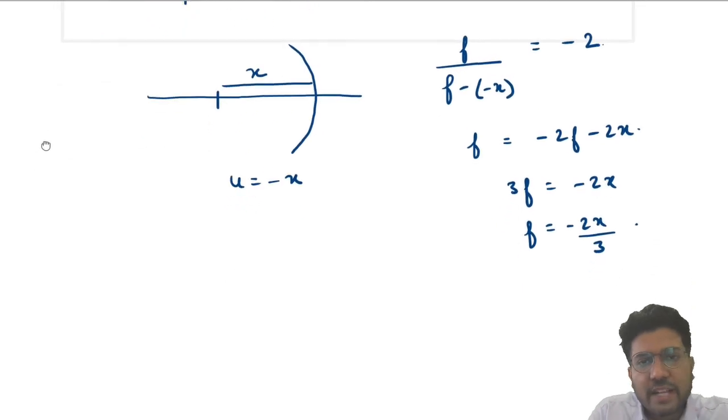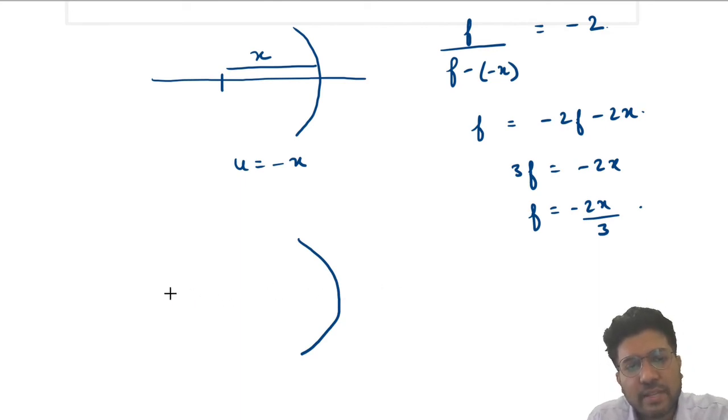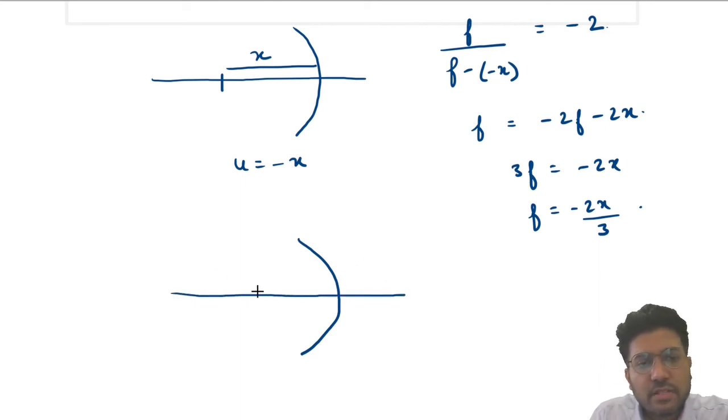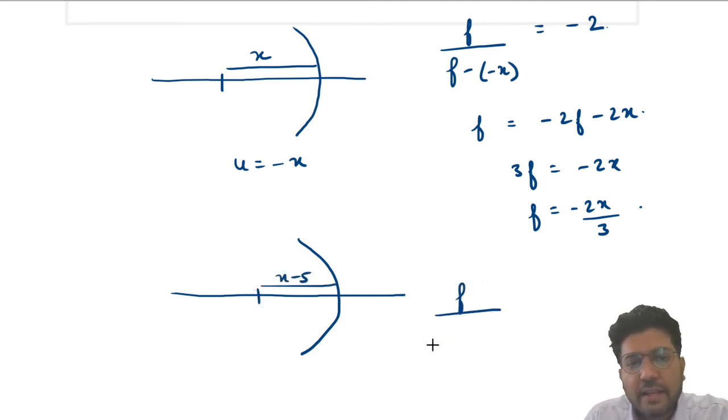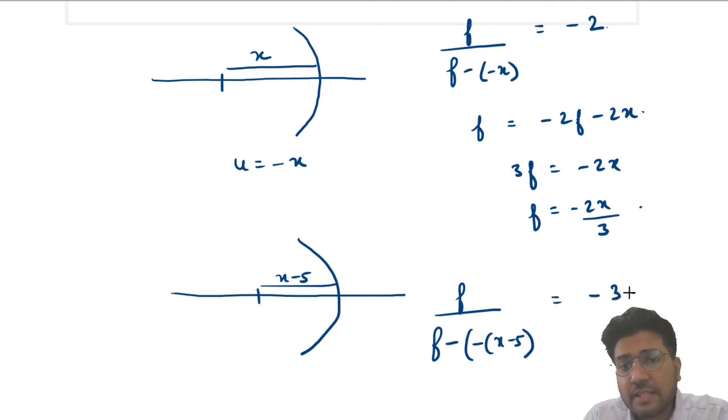Now the object has moved by a distance of 5 centimeter towards the pole. Why towards the pole? Because the magnification has to increase. So this time the distance is x minus 5. Again I will write f by f minus u, where u is minus of x minus 5, equal to minus 3 this time.